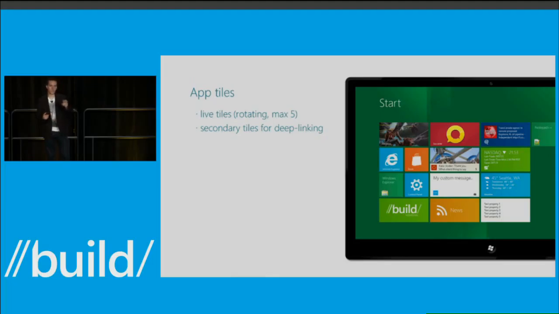So you can create a second tile that will jump right into the page in your app where you want to be. So the next day, you can open your tablet and you can just click the tile for your company, and you can immediately check in to your company. And you can create multiple secondary tiles if you want to. So it's another kind of unique feature if you compare that to iOS.